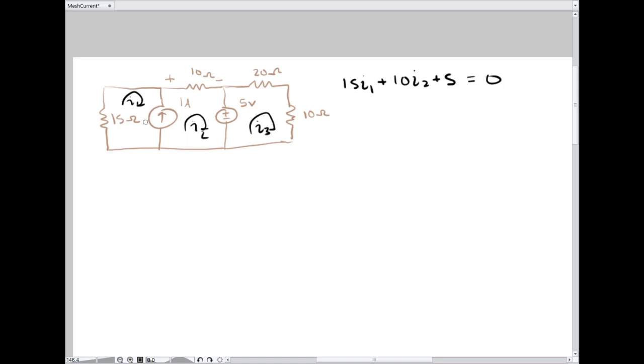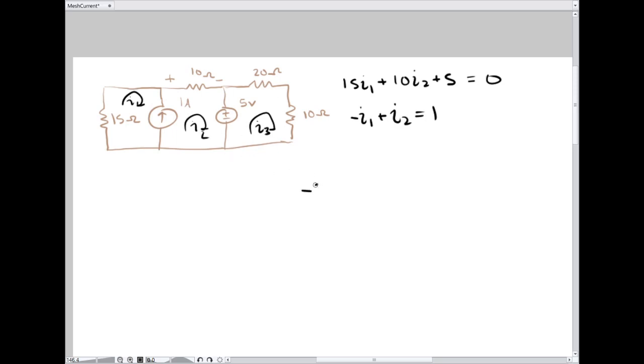And then the current source in the middle determines our second relationship between I1 and I2. That is minus I1 plus I2 equals 1. And it's minus I1 because I1 is going contrary to how the current source is defined, and I2 is going with it. So I2 has a plus. And then we have our third mesh over here.